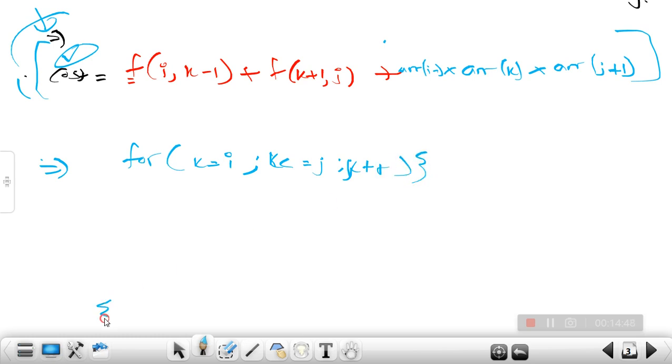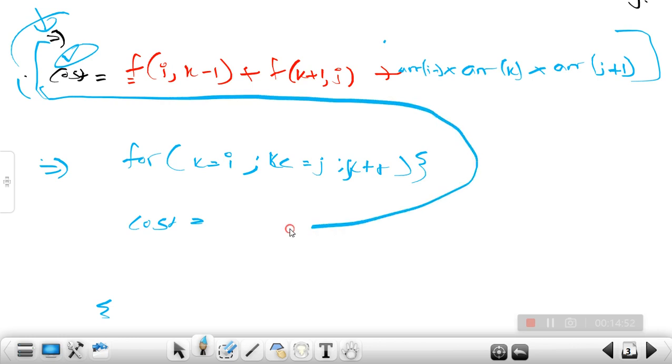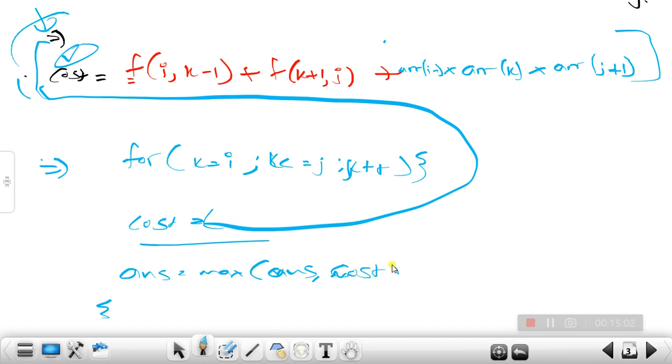Now I'm going to calculate my cost as this, and this cost I'm going to maximize. So my answer is going to be the max of the answer that I have and the cost that I have. And at the last, I'm simply going to return my answer.